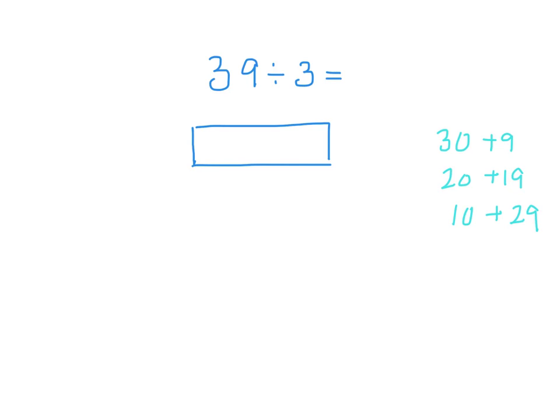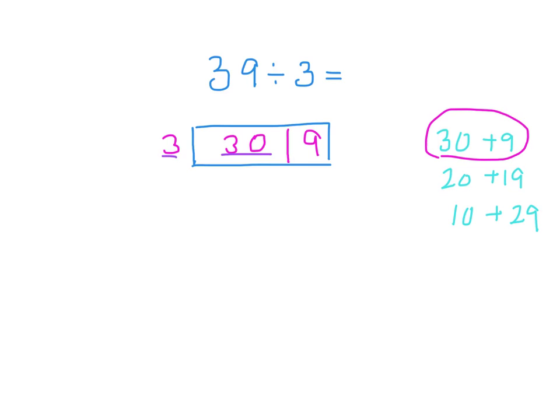And numbers that are friendly for 3, if I look at my friendly number chart, I would see 30 plus 9 is a good choice. So I partition this area model into 30 and 9. And now I'm ready to divide.